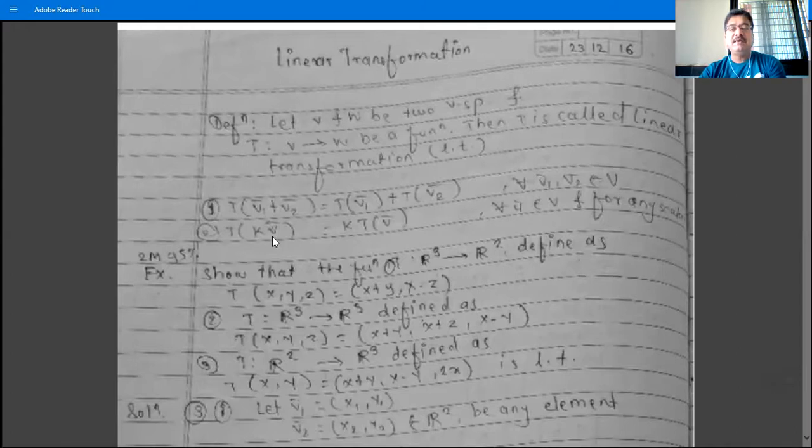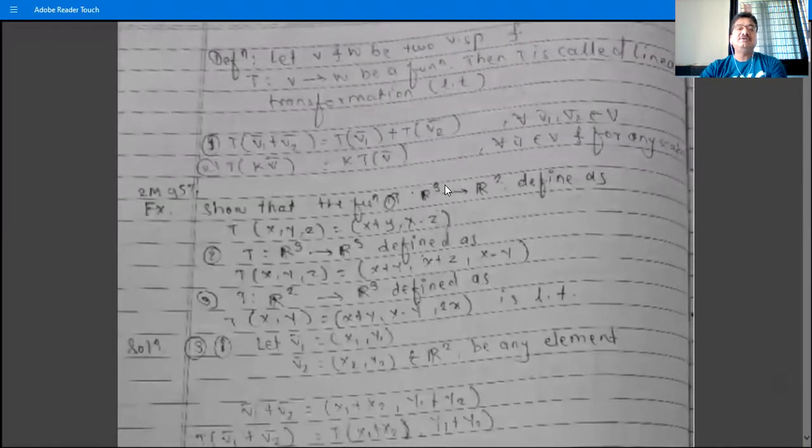And T(kv) is equal to kT(v), for all v belonging to V, and for any scalar k. If these two properties are satisfied by this function T from vector space V to W, then we say T is a linear transformation.